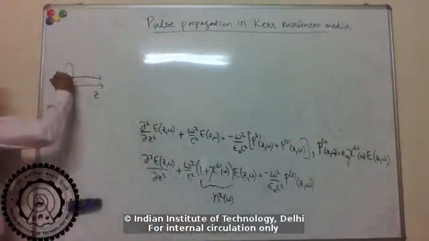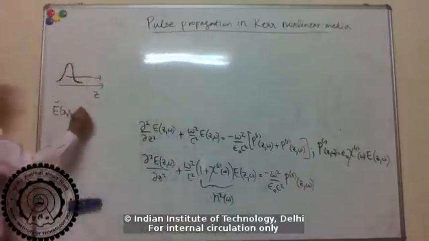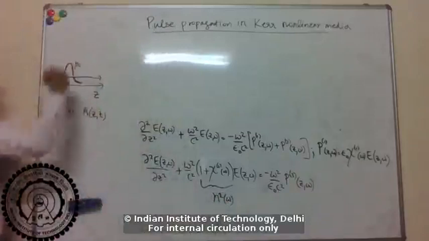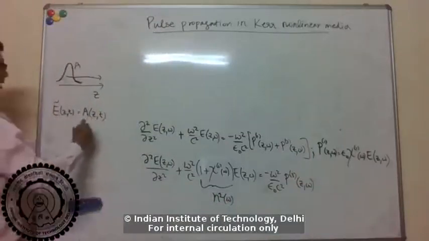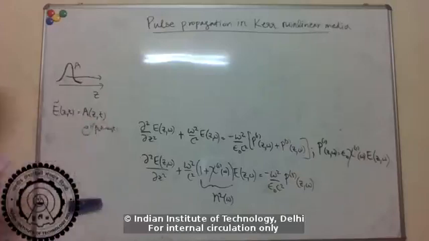Right, and basically we are interested in seeing how the envelope of this pulse changes on propagation. Right, so let me rewrite. So this Ez of t was Az of t, the amplitude we are interested in, times e to the i beta naught z minus omega naught t, right?